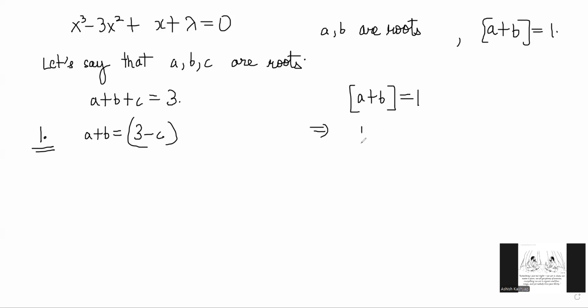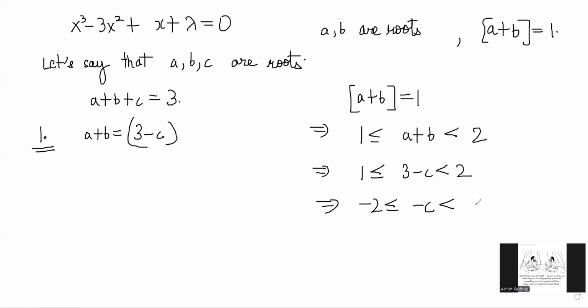That is one condition. Also, we know that GIF of a plus b is equal to 1. This implies that 1 is less than equal to a plus b less than 2. If the GIF is 1, a plus b value must be bigger than 1, could be equal to 1, but always lesser than 2. So putting this here, 1 is less than 3 minus c less than 2. Subtract 3, minus 2 is less than minus c is less than minus 1, and multiply by minus 1.